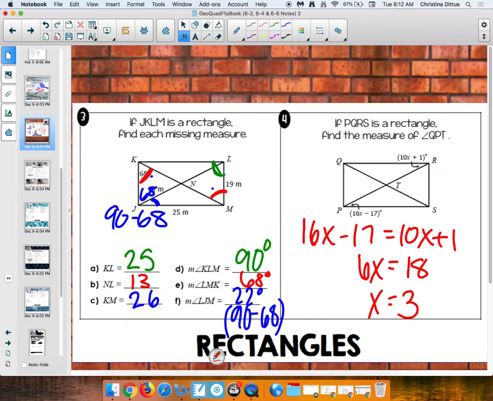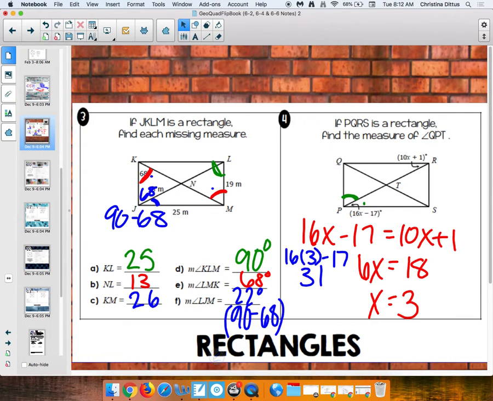Only weird thing is I need to find angle QPT, this little angle here. How can I find that little weird angle? Minus 90. Plug my x in here, and then do what, Olivia? Subtract from 90. So when I plug my x in here, 16 times 3 minus 17 should get 31, right?